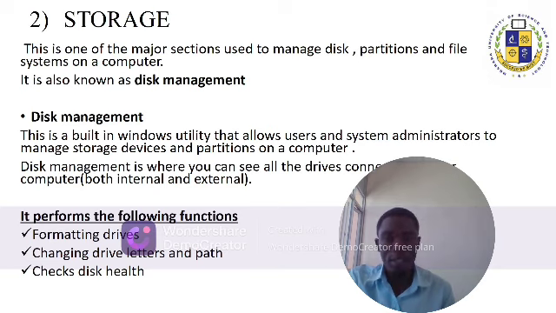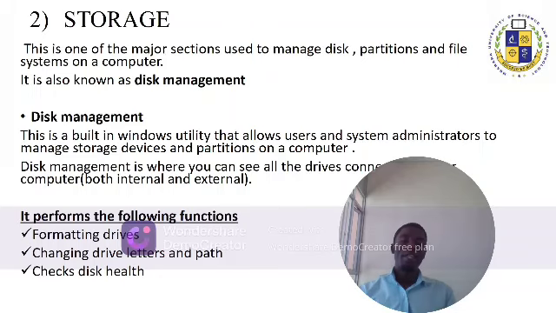Storage is one of the major sections used to manage disk partitions and file systems on the computer. Briefly, it is also known as disk management. So we are going to talk about disk management.